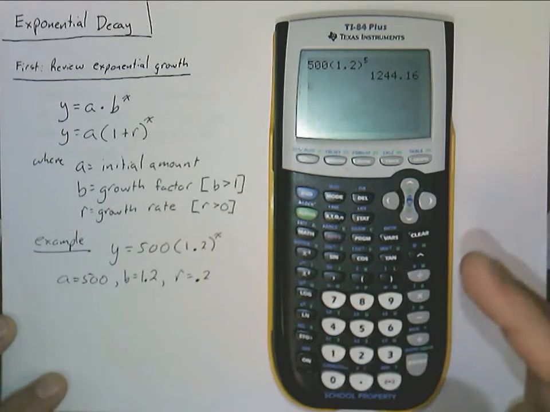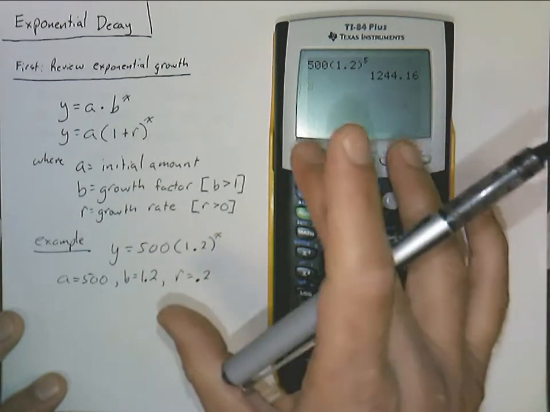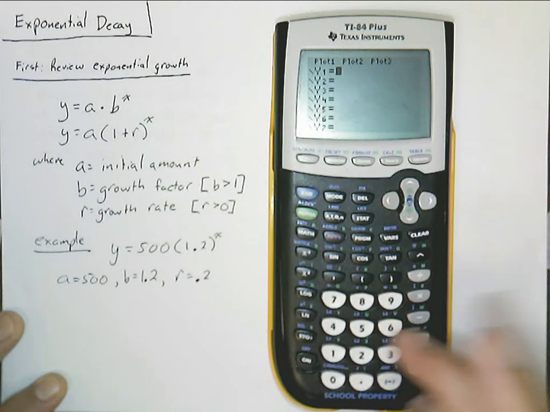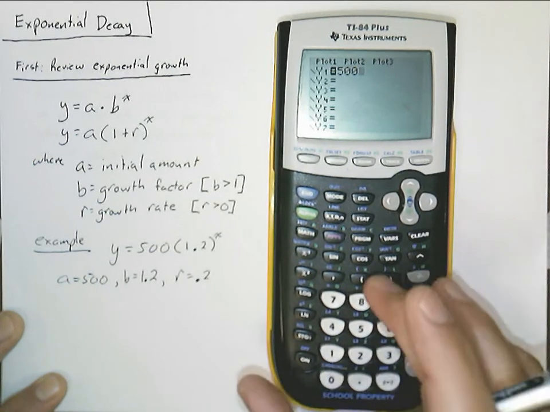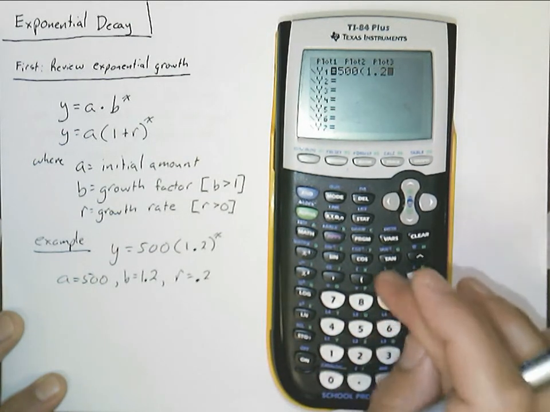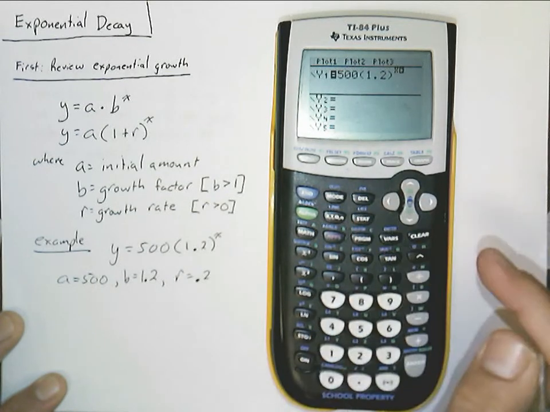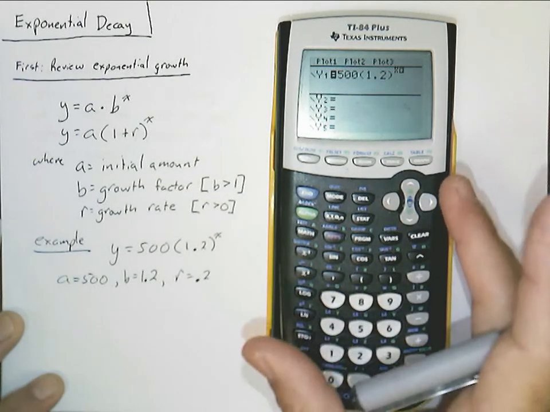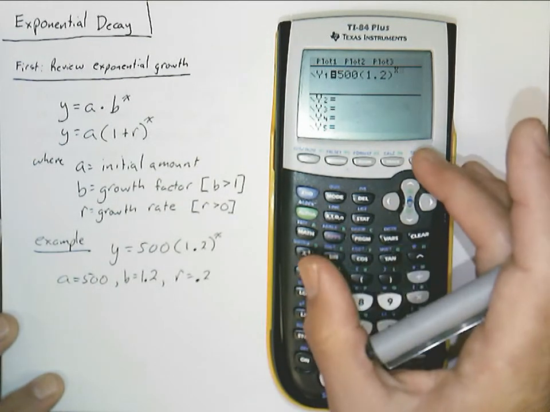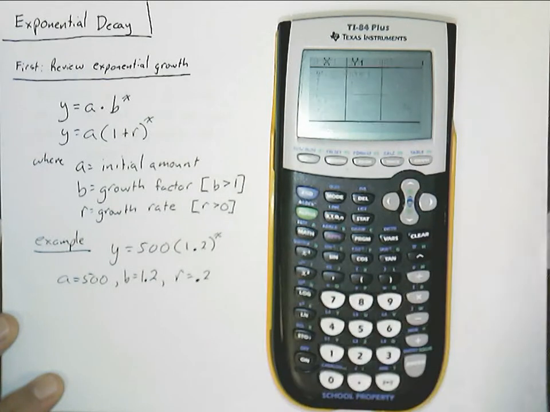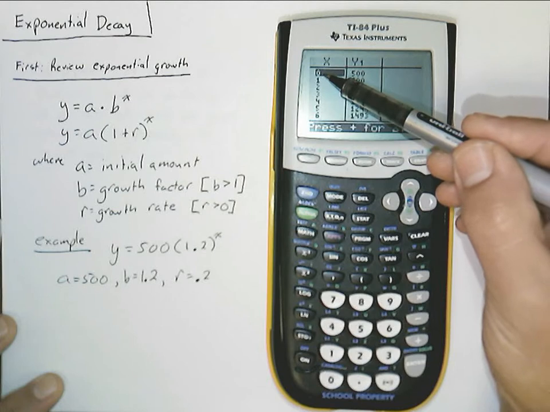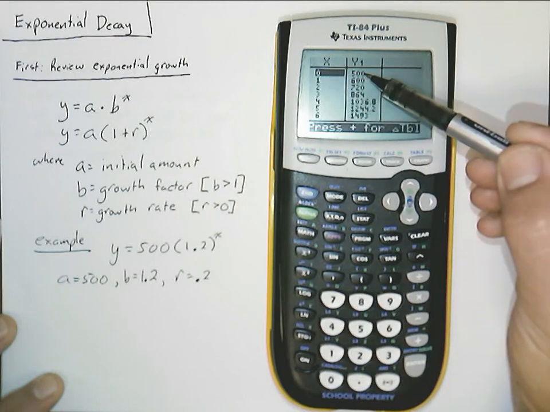Or if we wanted to, we could just put this into a table and just type it in here. y is equal to 500 times 1.2 to the power of x. Then maybe we could look at a table. So here, when x is 0, no time has passed, we still have 500.